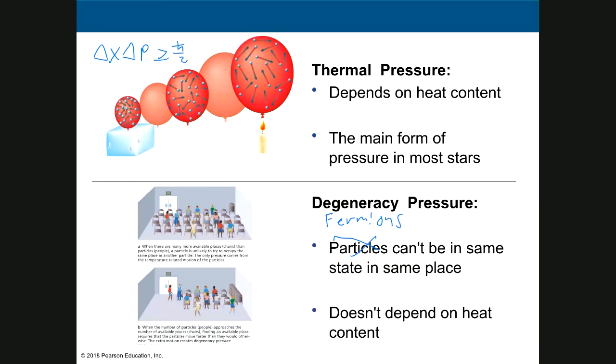All right? This is called the Heisenberg uncertainty principle. So basically what it means is that you can have a minimum uncertainty. All right? So if you know your position more precisely, you know your momentum less precisely. And let me show you sort of how this works.